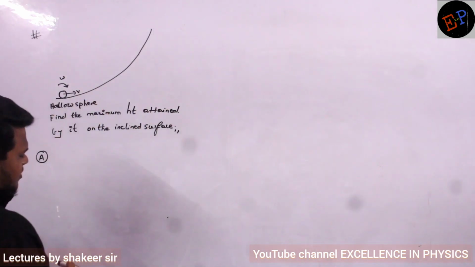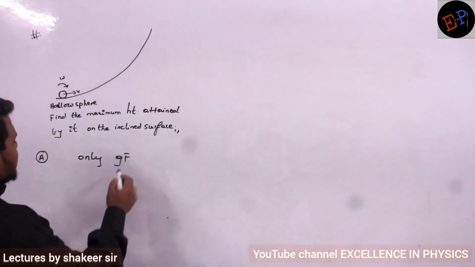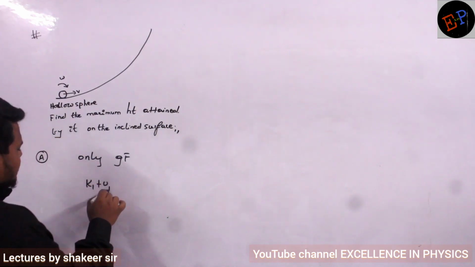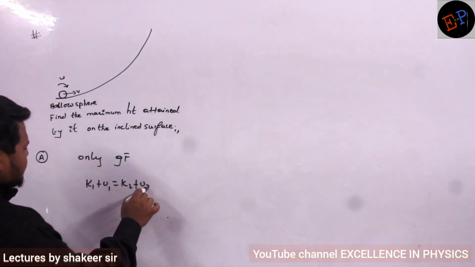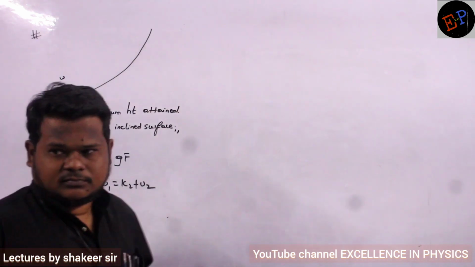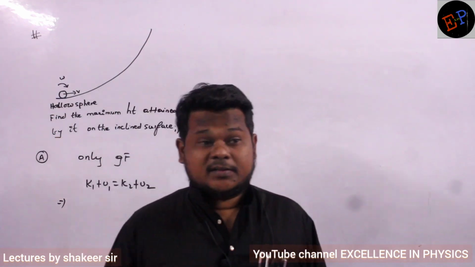How many forces are acting? Only gravitational force is acting. So therefore, I can use the law of conservation of mechanical energy. That's all. Initial kinetic energy. Which energy, translational energy or rotational energy?